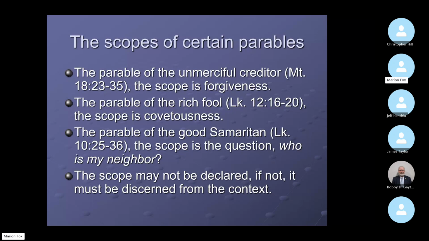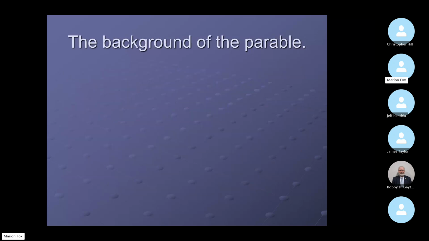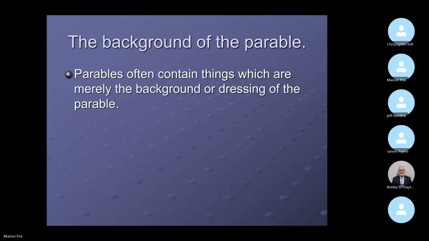Some parables are found more than once in the fourfold gospel, and you'll find them in, say, Matthew and Mark, or Mark and Luke, or Matthew and Luke. And so you'll see parables in maybe more than one of the various accounts of the Lord's life. Sometimes you'll get some information about the scope from one of the parallels giving that parable again.